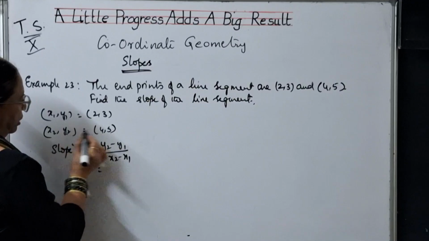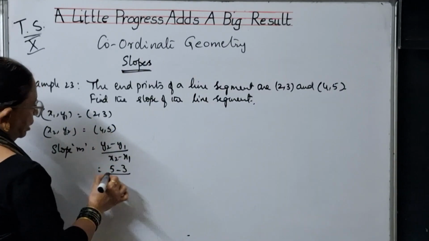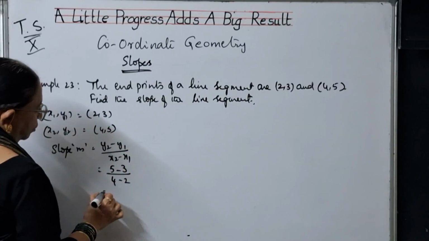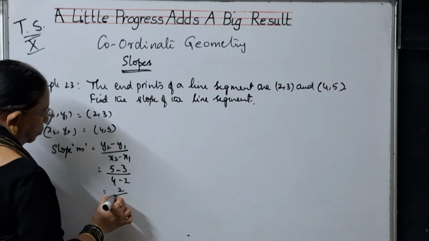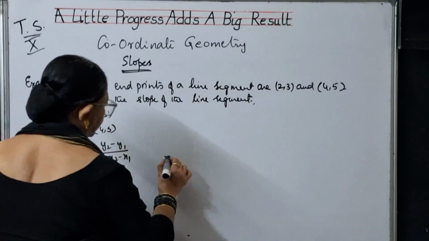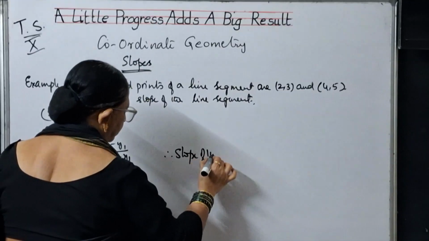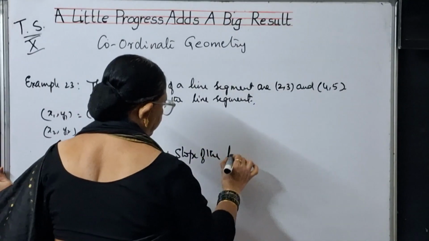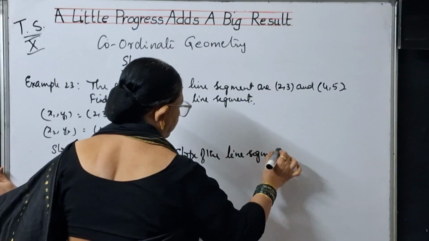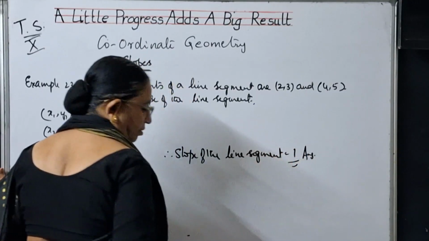So y2 is 5 minus y1 3, by x2 4 minus x1 2. So how much are you getting? 5 minus 3 is 2, 4 minus 2 is 2. It is equal to 1. Therefore, the slope of the line segment is equal to 1. This is the answer, children.